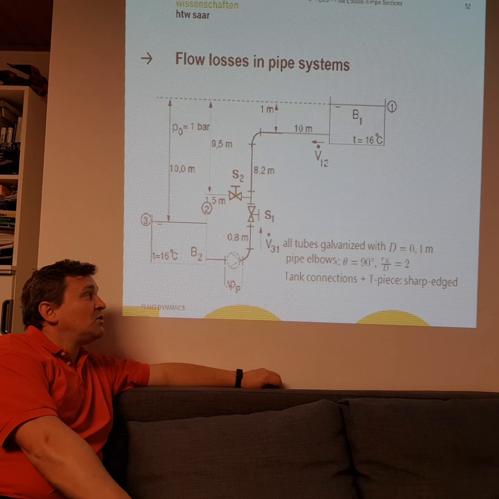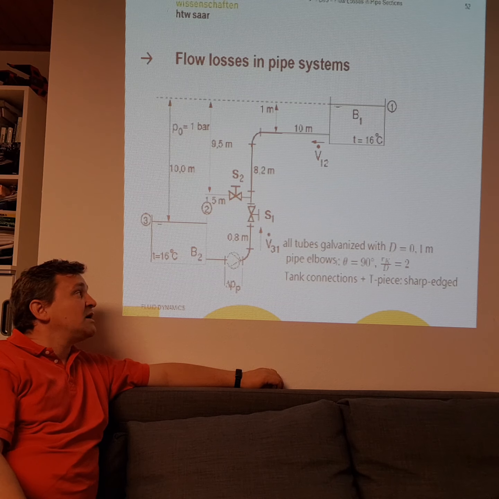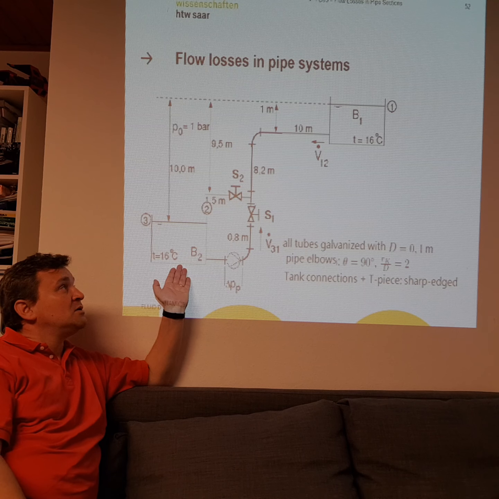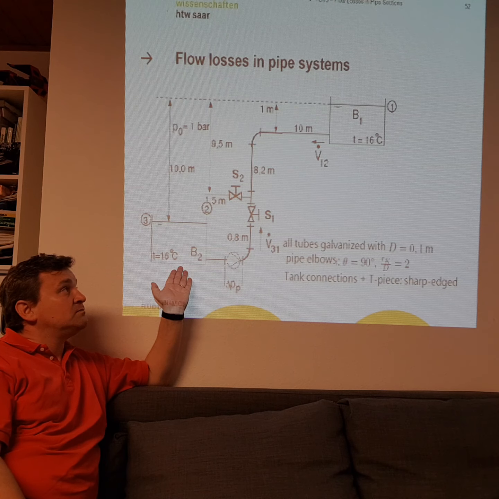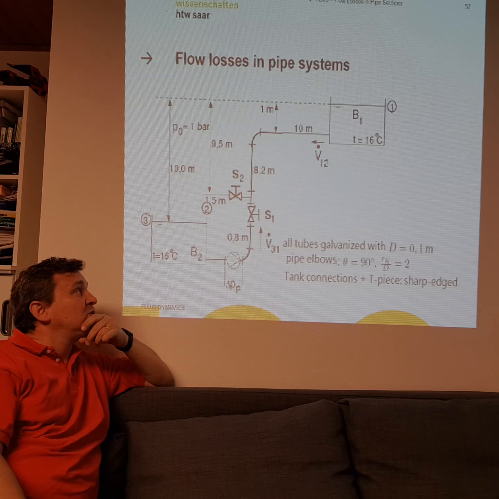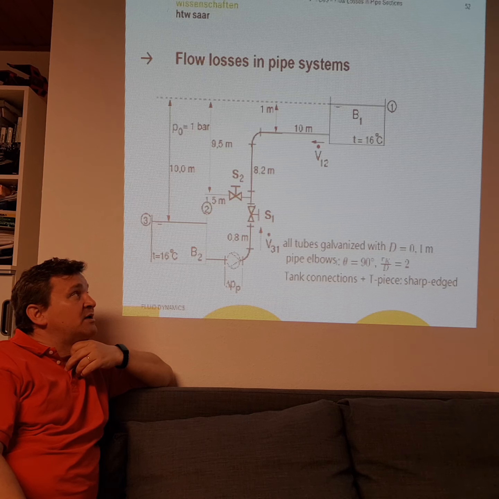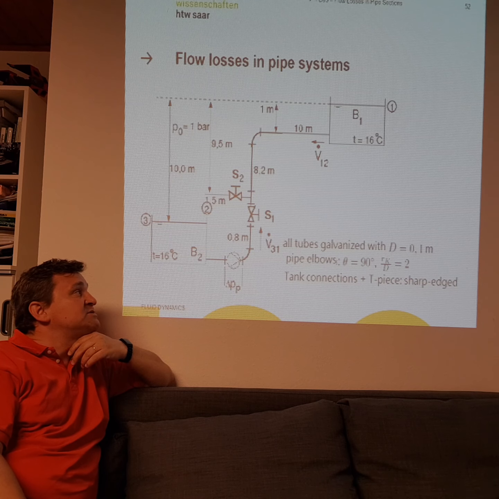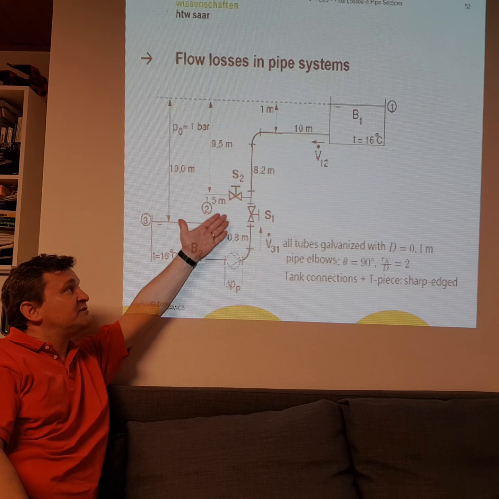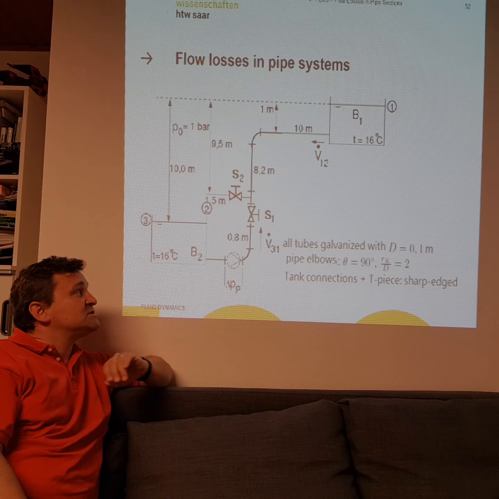And also, if we have a complicated system, with a tank and a tank at the top, maybe you can try to formulate Bernoulli's law for the whole pipe system. You can measure all the different lengths, multiply them with lambda.